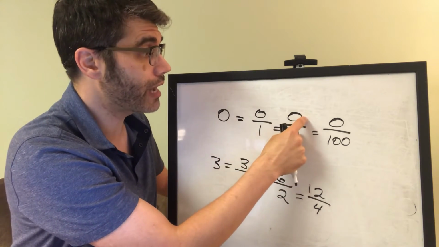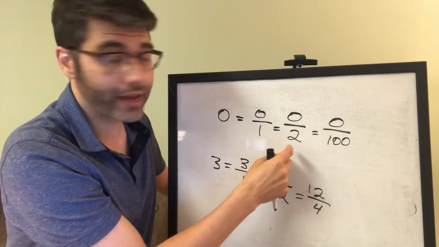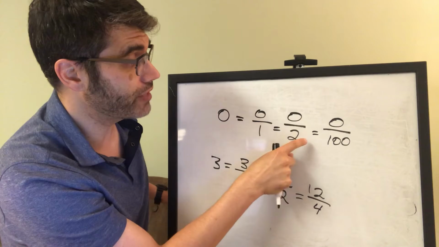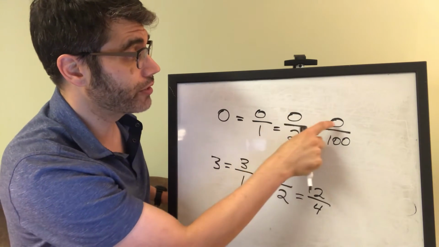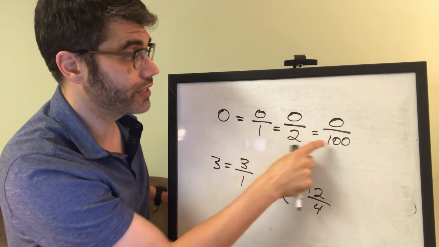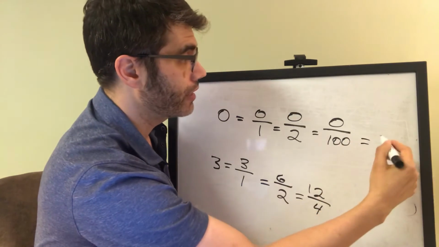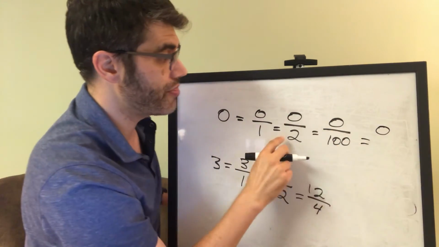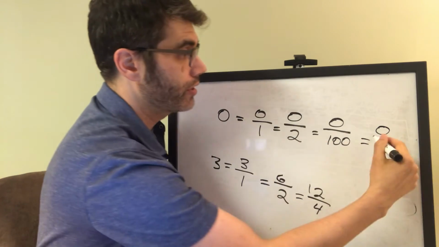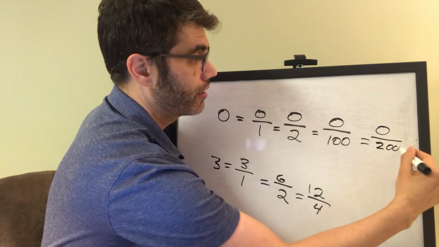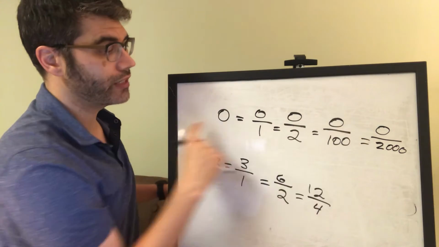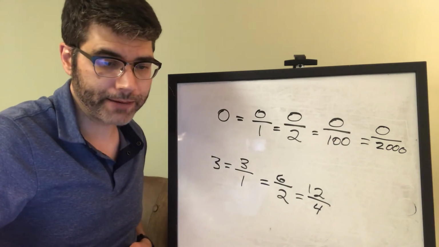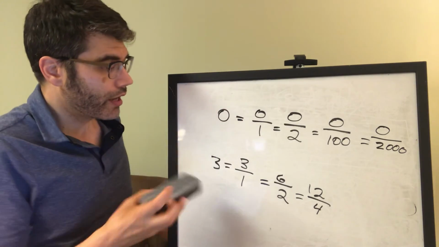Or I can multiply the top by 100 and the bottom by 100, or the top by 50 and the bottom by 50. Here I'm multiplying the top by 50 and the bottom by 50. 50 times 0 is 0, 2 times 50 is 100. I could do 1,000 times 0 is 0. 1,000 times 2 is 2,000. That's why all of these equal 0, and all of these down here equal 3.